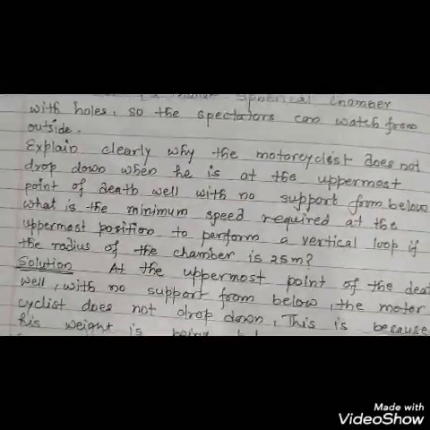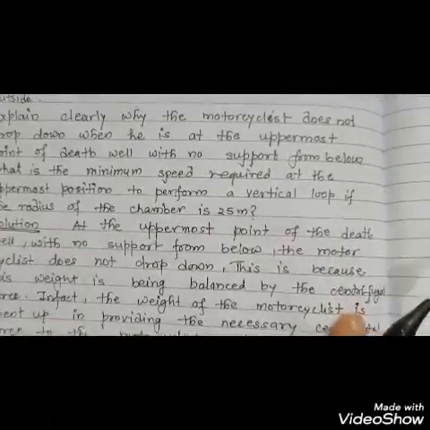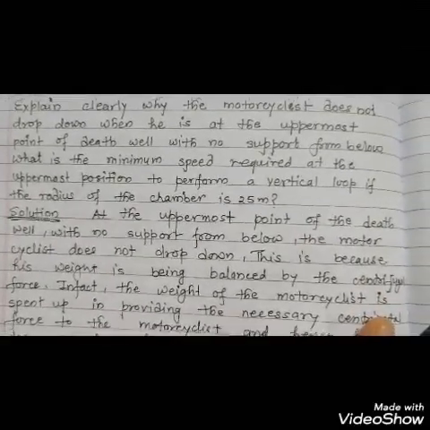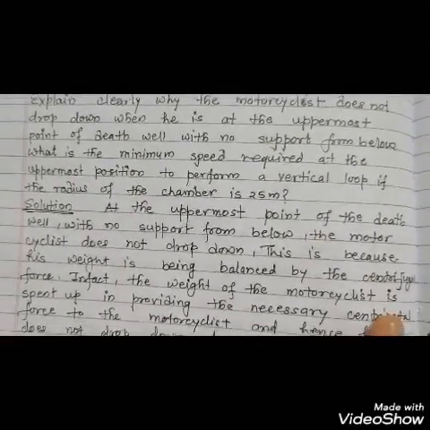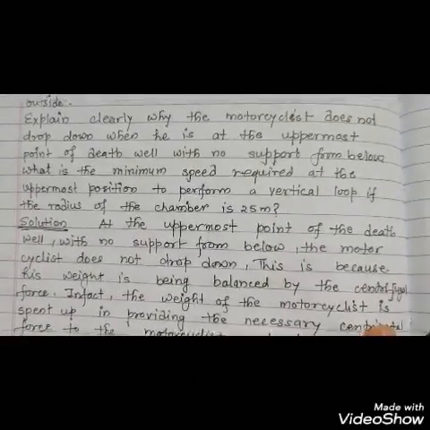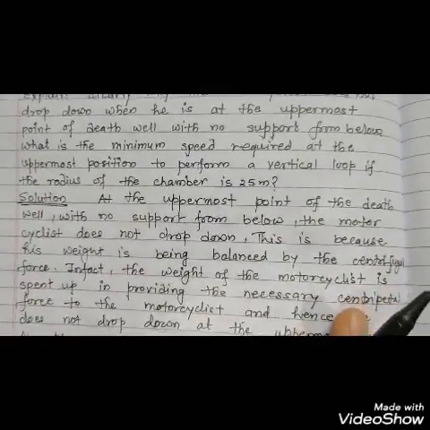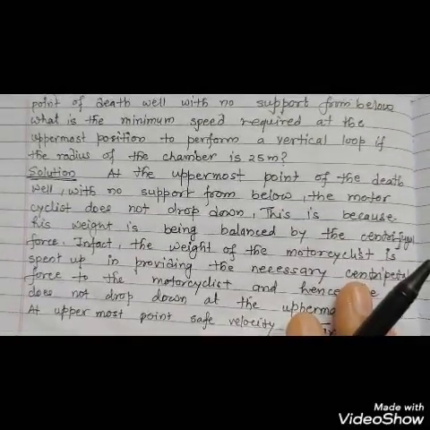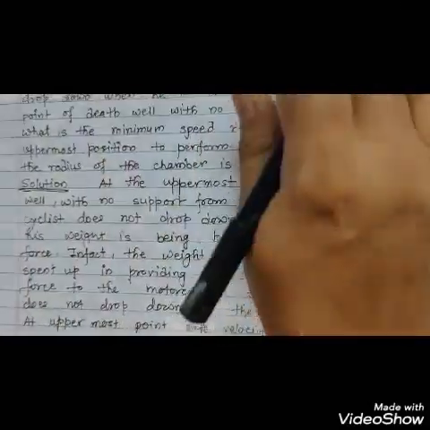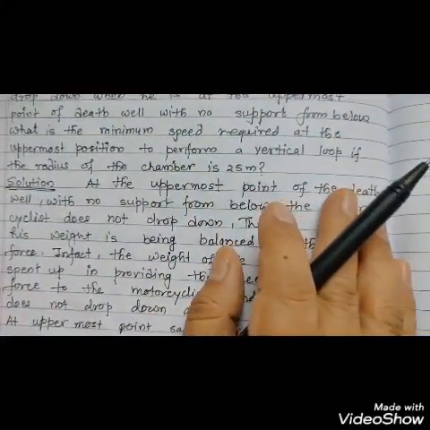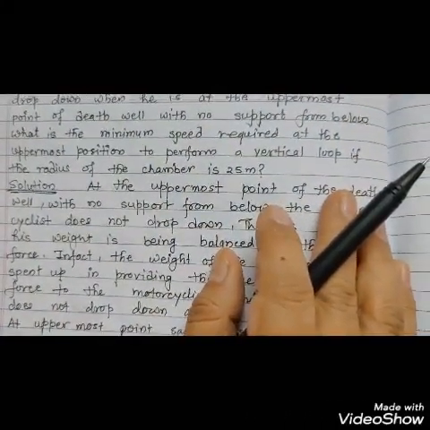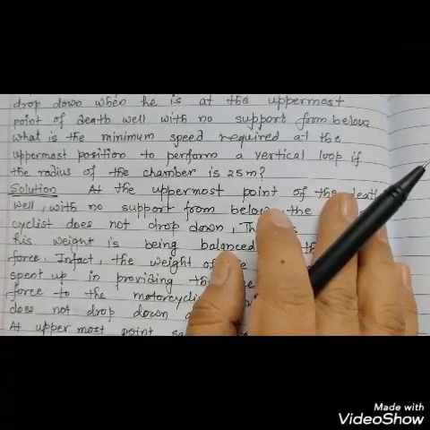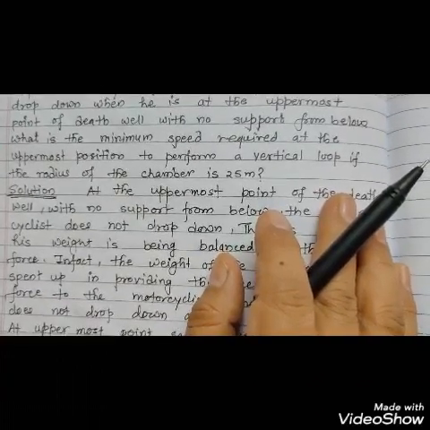So this is a question related to vertical circular motion, or we can say non-uniform circular motion, in which you will find in a circus a cage-like, ball-like structure is there, in which the motorcyclist is moving, and he is taking the horizontal loop as well as the vertical loop.